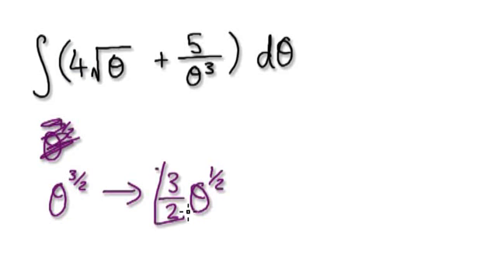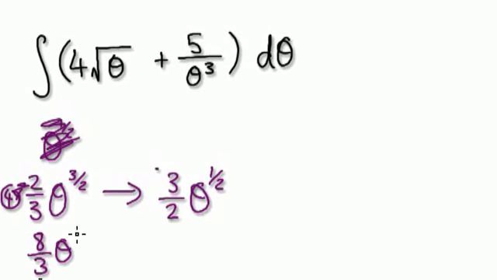At the moment you've got this thing here. I'm going to negate this by making this adjustment. Now I need to create a 4, so I need to times it by 4. So this gets multiplied to the top here. So that will give me 8 over 3 theta.